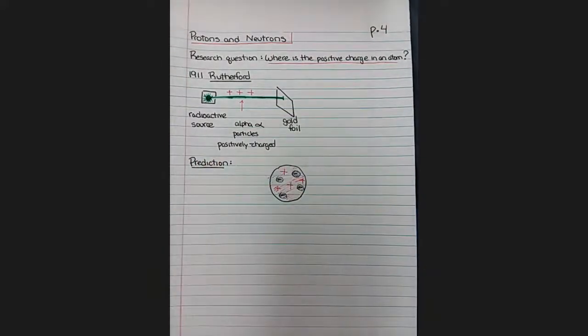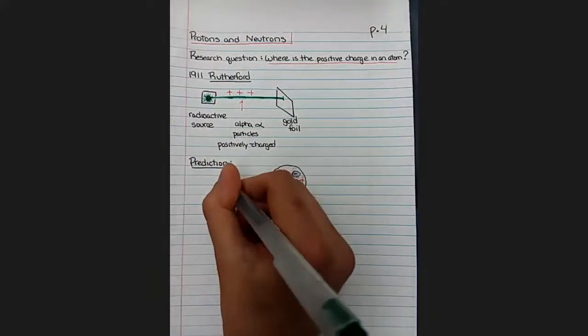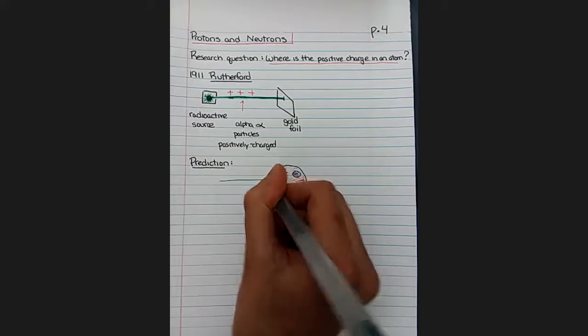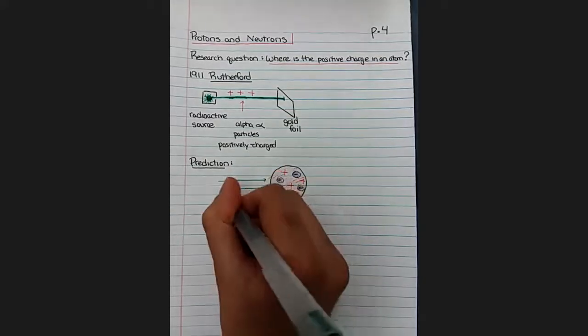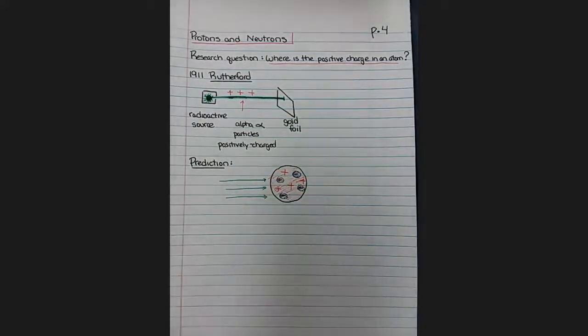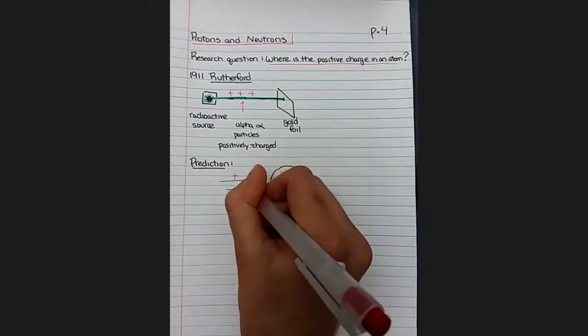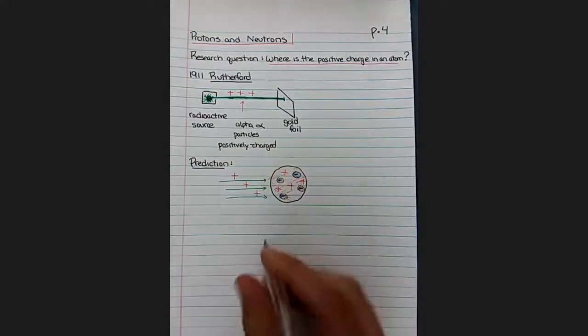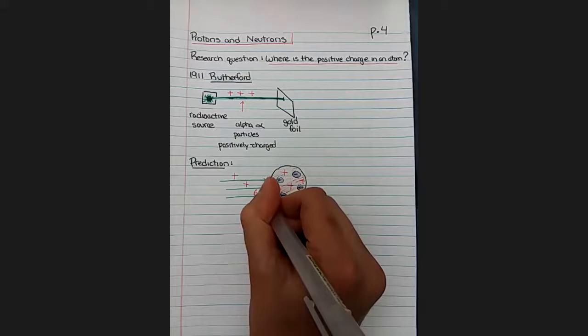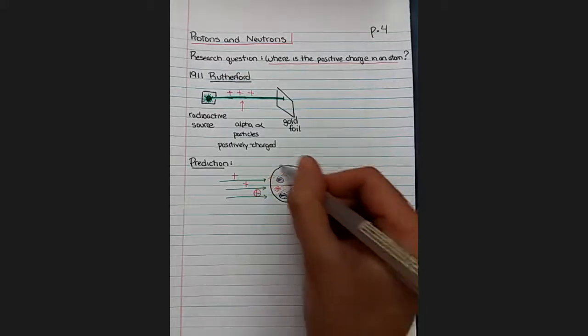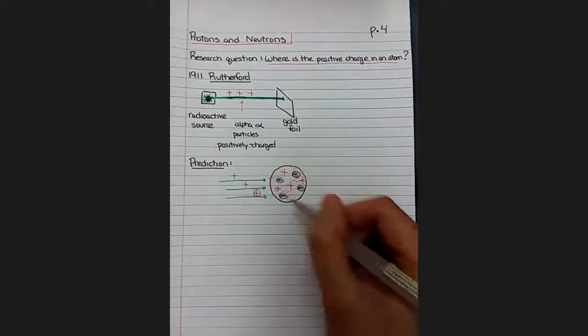So what they figured was, when we have this stream of alpha particles aimed at gold, and the alpha particles are full of positive charges, we're going to have a small, dense positive charge hitting a large distributed positive charge.